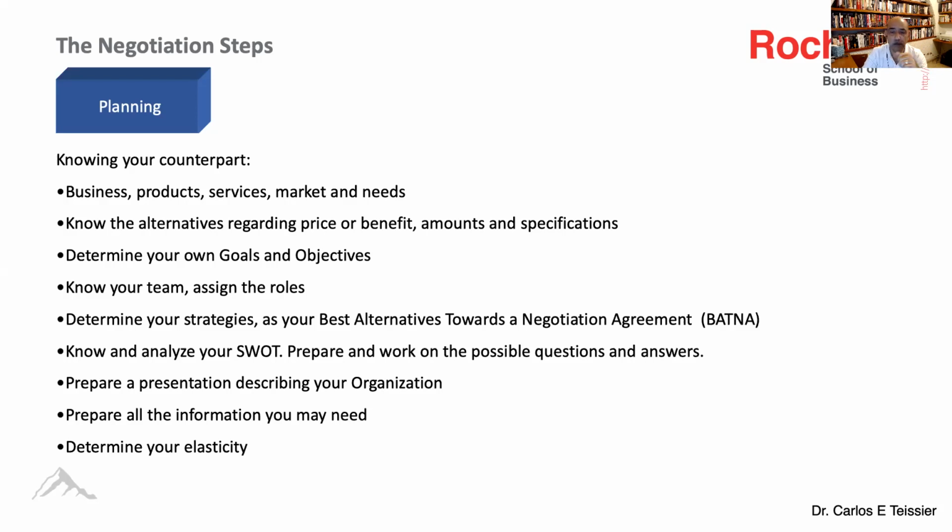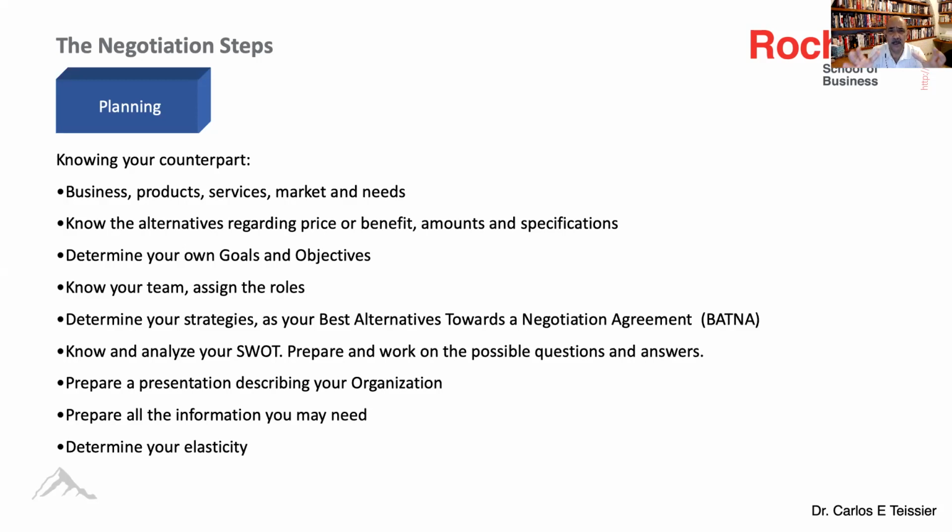Okay? So also, you have to determine your goals. What do you want? What do you want out of this negotiation? Sometimes, and you're going to be surprised about this, sometimes negotiators start negotiating without knowing what they want at the end. Sometimes you want to sell. Sometimes you want to create a relation. You want to develop a relation.